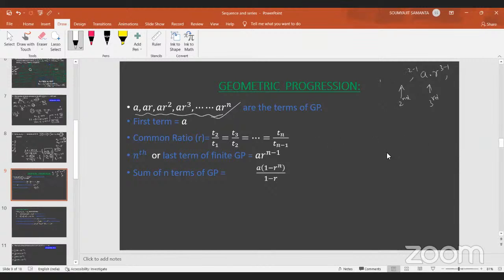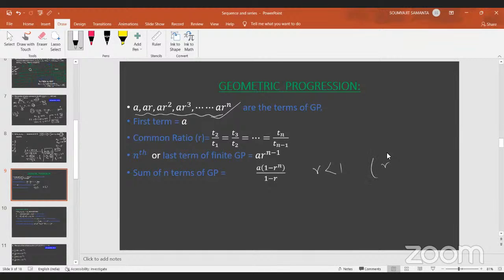Now see, what about the sum of n terms in GP? There are two possibilities: r greater than 1 and r less than 1. If r is less than 1, this holds good.